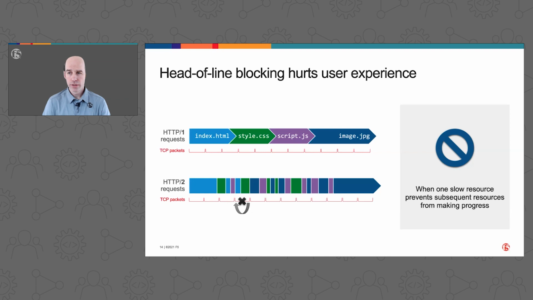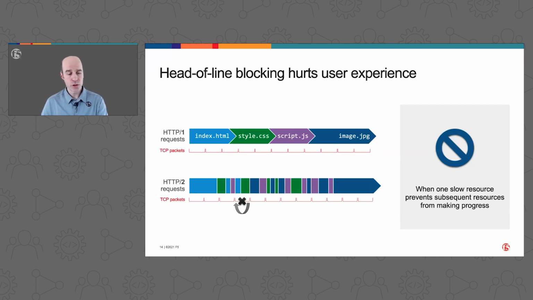With QUIC, by using UDP packetization for delivering packets, we separate that from the rest of the transport protocol. And what this means is UDP packets can arrive out of order and nobody really cares. If those packets arrive out of order and QUIC knows that they're for different resources, it's totally fine with that.